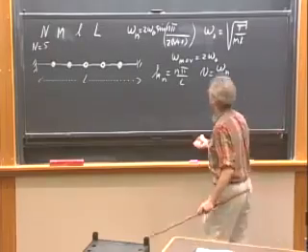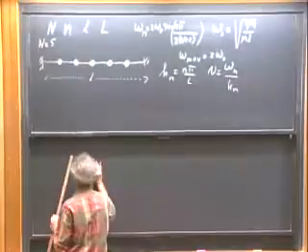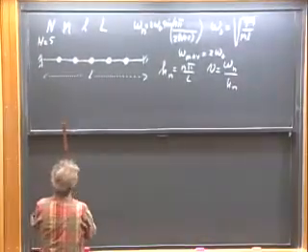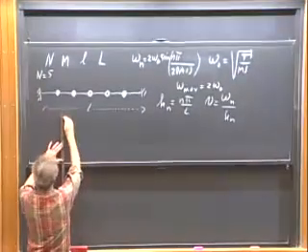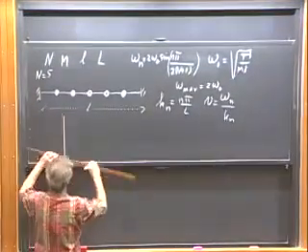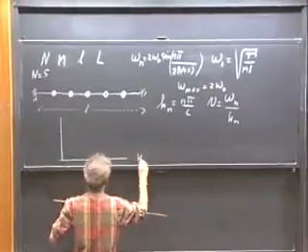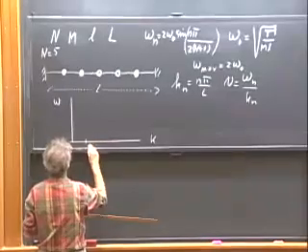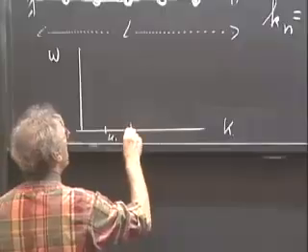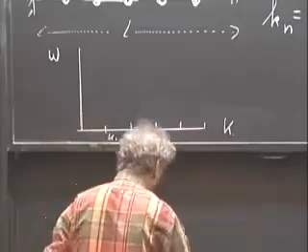A very nice way of seeing that is to make a plot, and you will see many of these plots today, of omega versus k. Let me make the plot here. So this vertical is going to be omega, and this is k. This is k1, this is k2, k3, k4, k5.